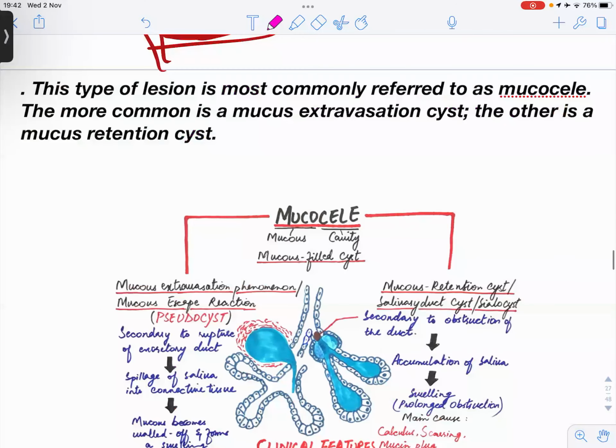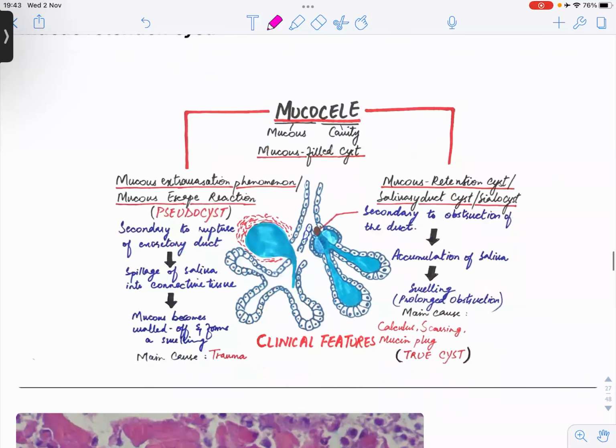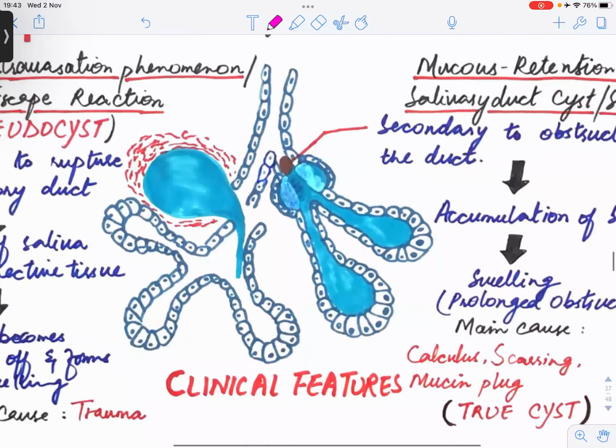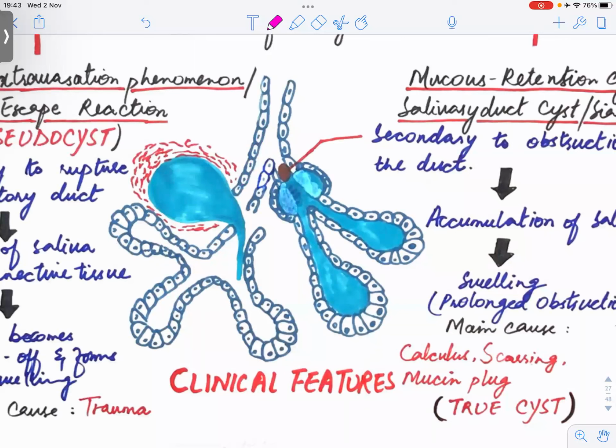Mucocele is a lesion which happens in salivary glands, or in your mucus glands, the glands in your oral cavity which secrete mucus. So this is the structure of salivary glands, and here is the normal structure.